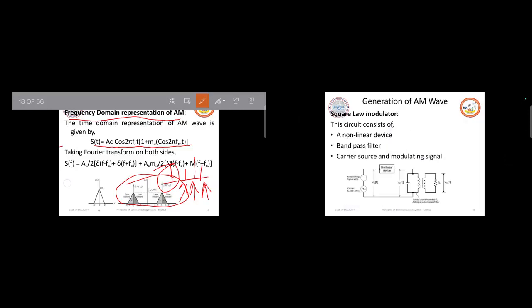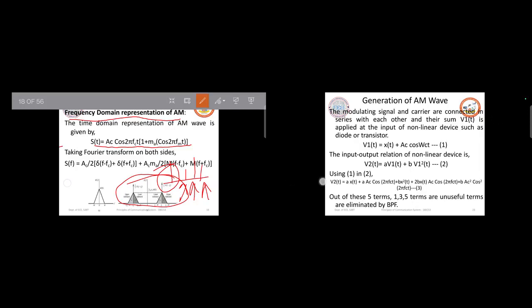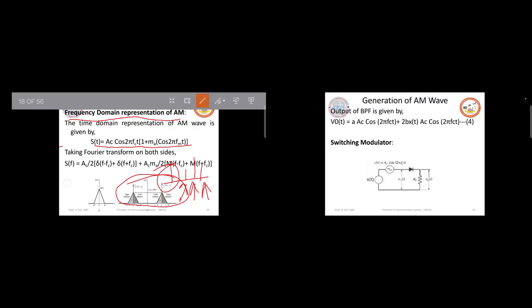So this is basically the circuit diagram of a non-linear device and the band pass filter connection, which is a square law modulator. If we have to understand the basic operation of this, we'll have to write a few equations of a non-linear device.